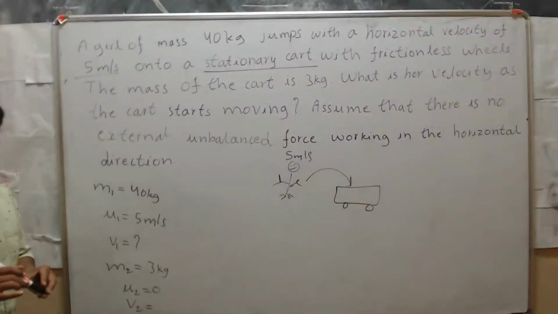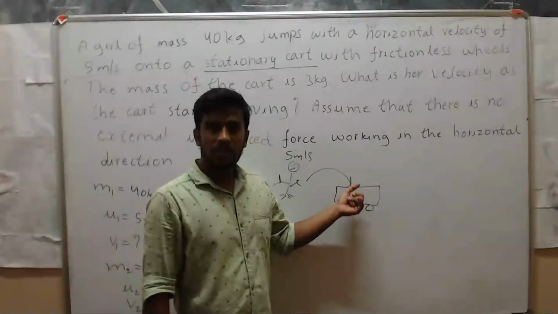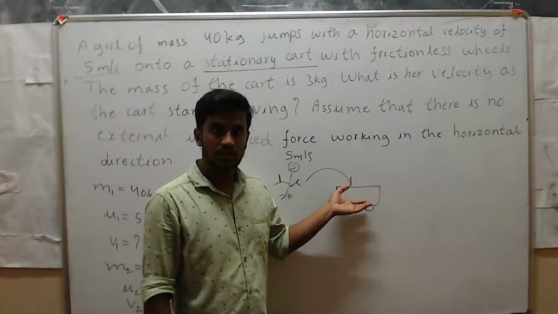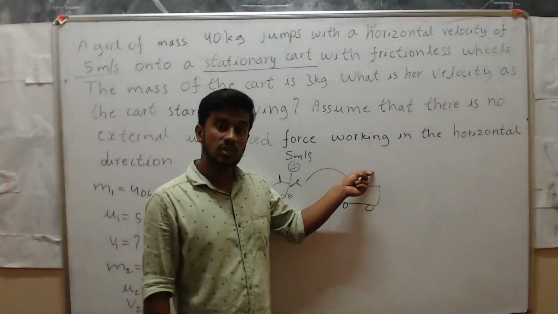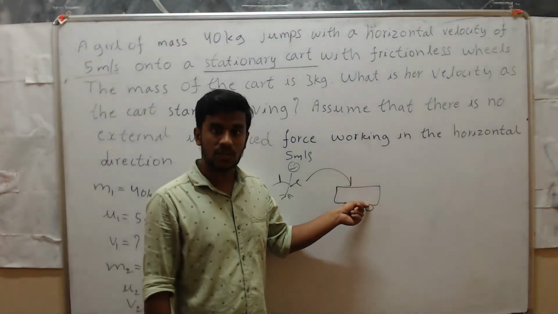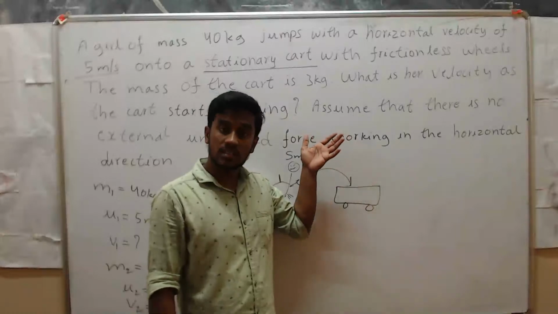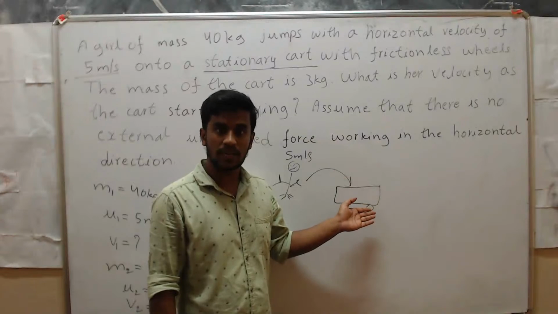At that time, both the girl and the cart are moving together, right? So while moving together, the final velocity of the girl is equal to the final velocity of the cart. So both are the same, right?